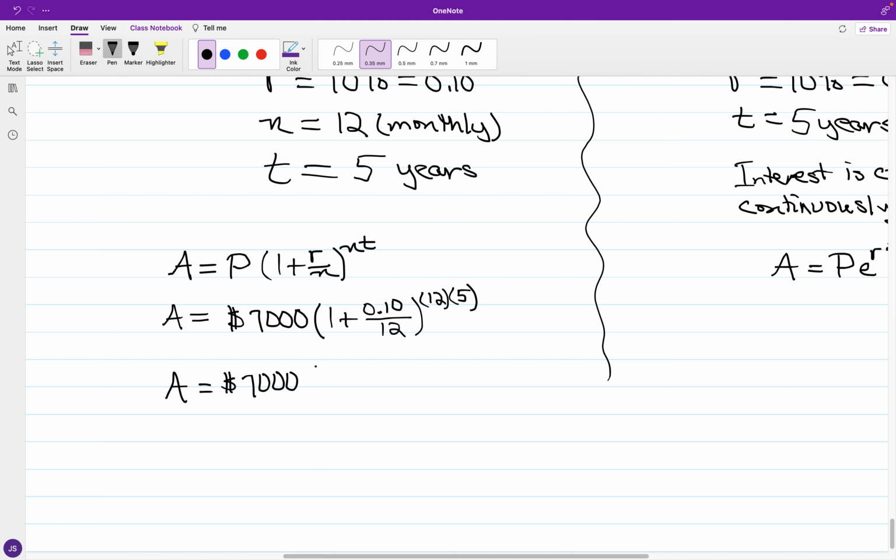Now for the sum, we have 0.10 divided by 12. You're going to have a non-terminating, repeating decimal. So for 0.10 over 12 added to 1, you have a figure like 1.008 with repeating 3's throughout. And for the exponent, you're going to have 60.